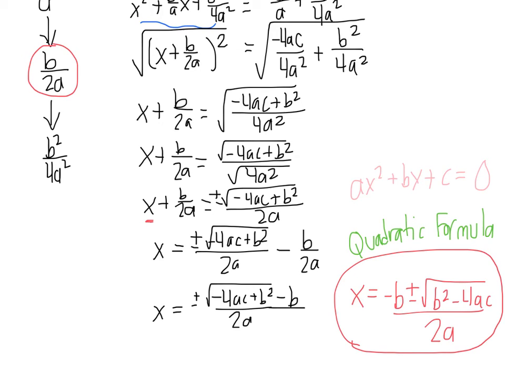I don't have to factor, I don't have to complete the square, I don't have to graph it. This formula will tell you the roots of any quadratic equation without you doing anything other than plugging in numbers. So that's very powerful. It's also powerful because a lot of times quadratic equations have roots that are not integer roots.